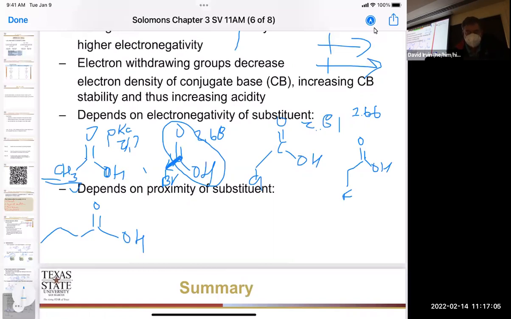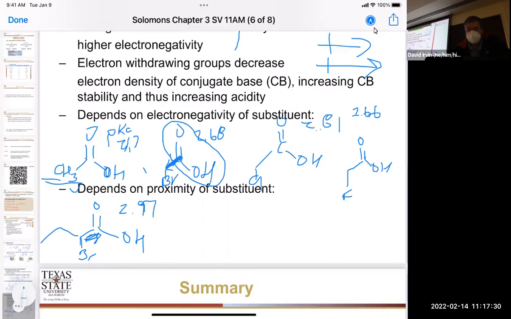But if we were to put that bromine right here, it has that one bond difference between this, where it is pulling electron density to this bromine. So it's only one carbon-carbon bond. And so this one has a pKa of 2.97, okay?